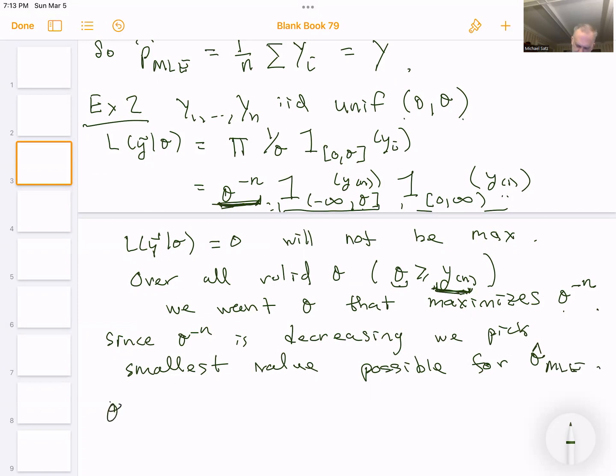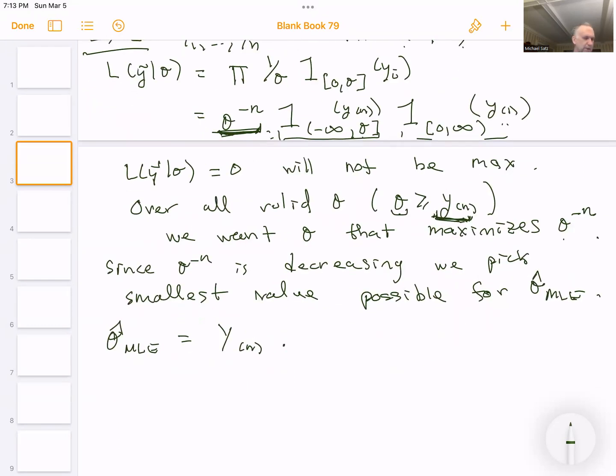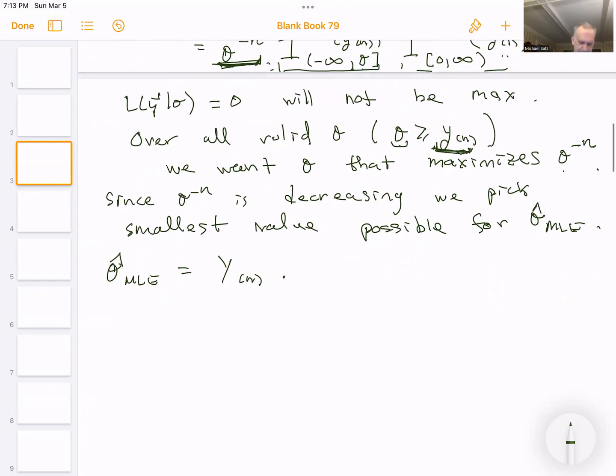So theta hat MLE should be equal to y sub n, the max. All right, so that was a case where taking the derivative wouldn't have worked. It would not have done anything.